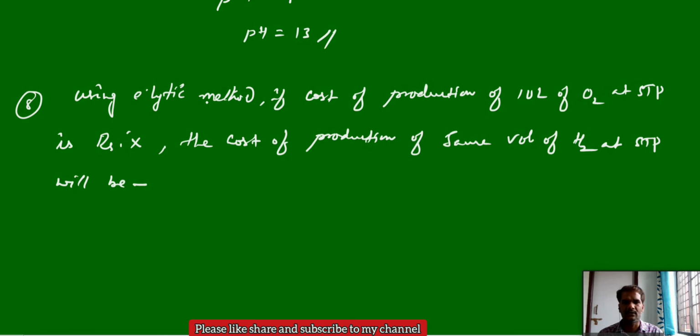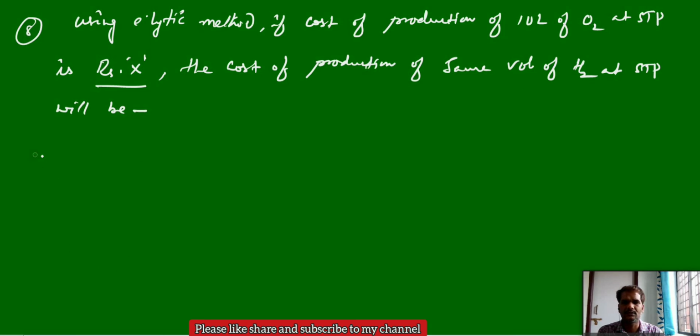Question: using the electrolytic method to produce 10 liters of oxygen at STP, the cost required is some X rupees. Then to produce the same amount, the same 10 liters of hydrogen at STP, how much do we require in rupees? So how much is it?